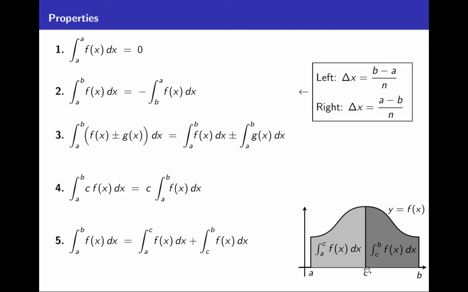And then the second darker piece of area, that's between c and b, so that area is the integral from c to b of f of x dx. But if you add those two things together, the total area under the curve is the area under the curve in between a and b, which would be the definite integral from a to b of f of x dx. So that's the intuitive justification for this fifth property.